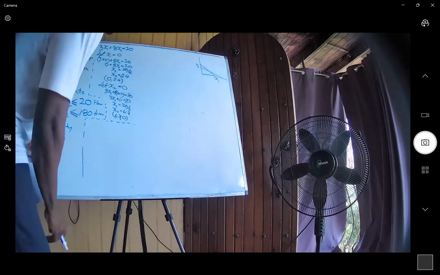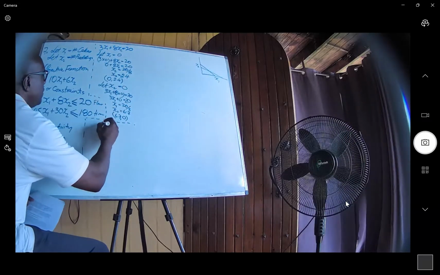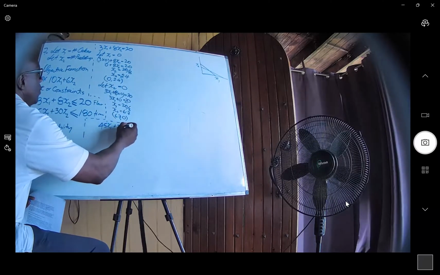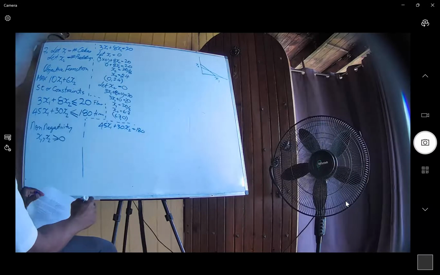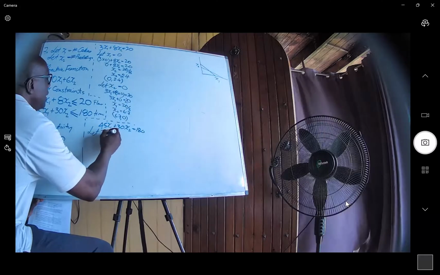The other equation is 45x1 plus 30x2 equals 180. Right? Let x1 equals 0.